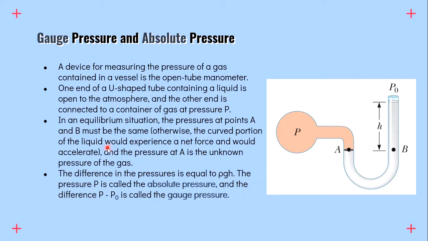Otherwise, the curved portion of the liquid would experience a net force and would accelerate. The pressure at A is the unknown pressure of the gas. The difference in the pressures is equal to rho g h. The pressure P is also called the absolute pressure, and the pressure difference P minus P0 is also called the gauge pressure. So that's another way of defining absolute and gauge pressures.